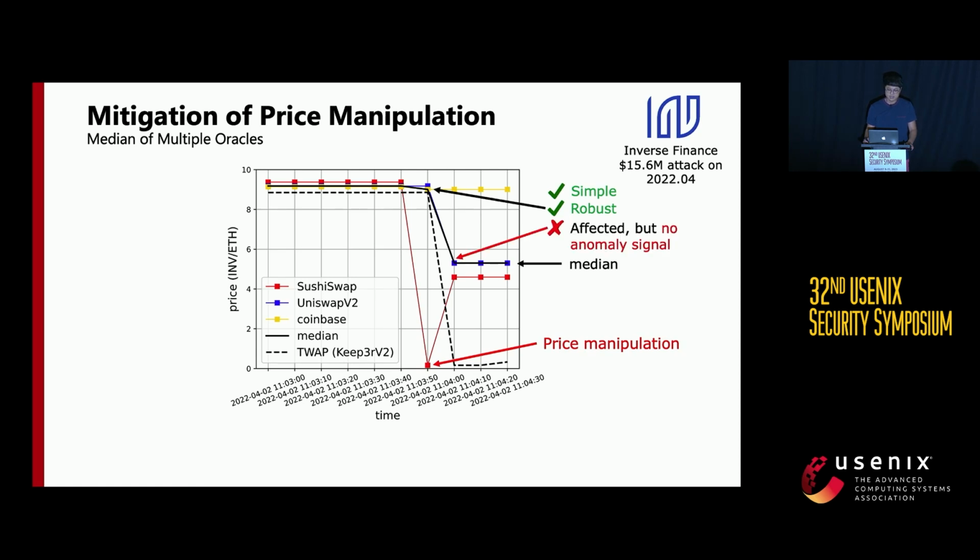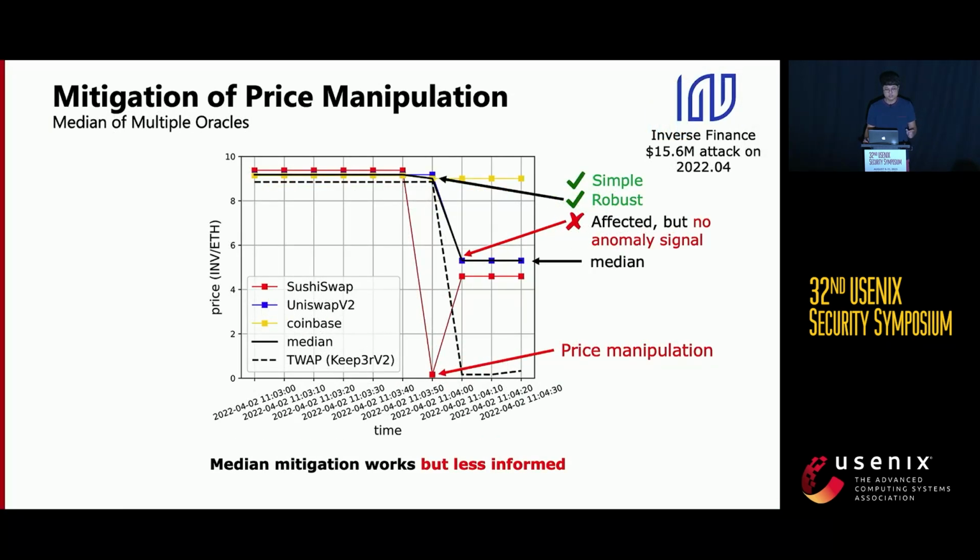However, after that, the median value is affected for some reason, which may be fine, but it does not provide the anomaly signal for the other downstream smart contracts. In short, median mitigation works but is less informed, and we believe that modeling uncertainty helps make more informed decisions.